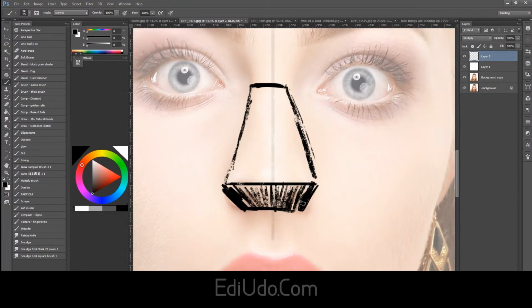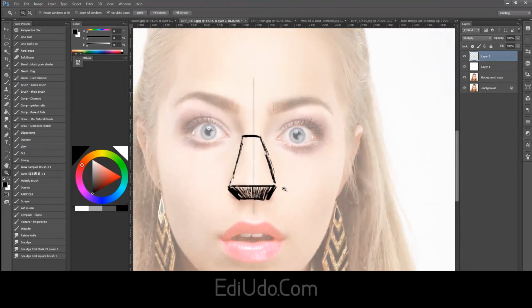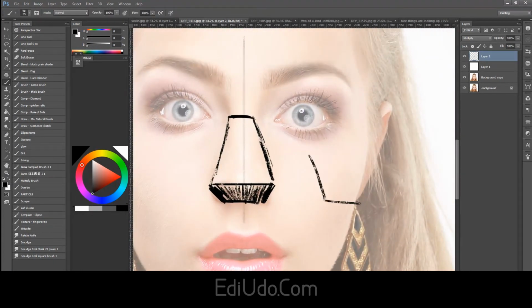So from the side view, it would be like that. The underside is right here, and the side is there, and this center line is this center line, right?